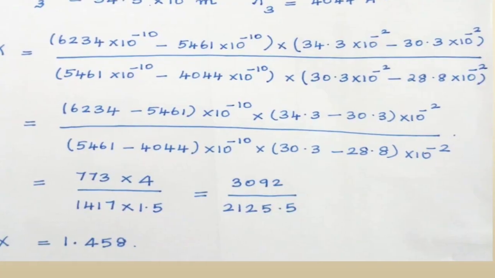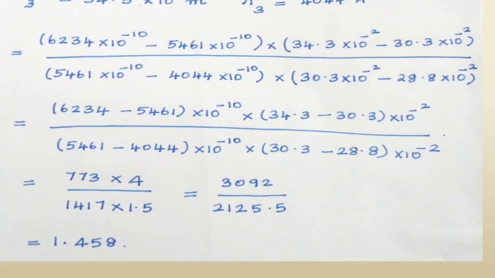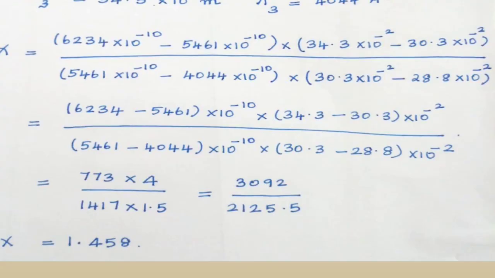So we are left with 6234 minus 5461 into 10 power minus 10 into 34.3 minus 30.3 into 10 power minus 2, the whole divided by 5461 minus 4044 into 10 power minus 10 into 30.3 minus 28.8. So all the powers in the numerator and the denominator will get cancelled out.